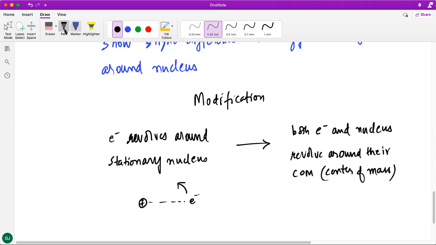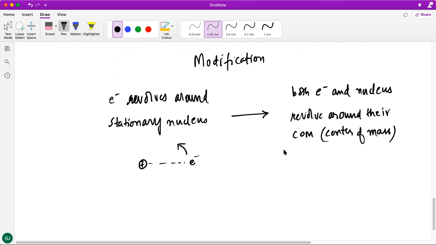Again, as I said, this is strictly from the point of view of advanced. I am not sure if you guys are aware of this concept of center of mass. So what is meant by center of mass, let me quickly demonstrate.